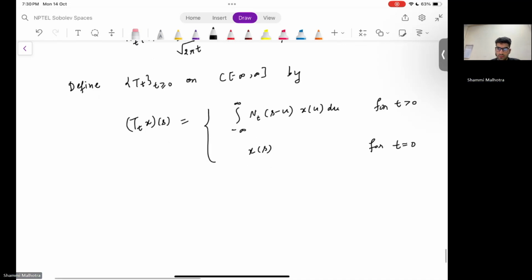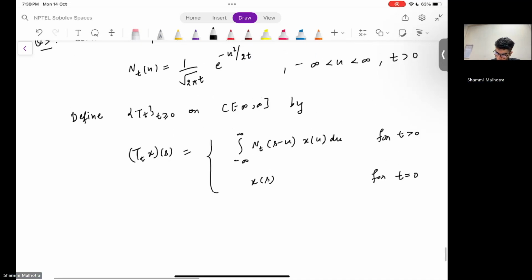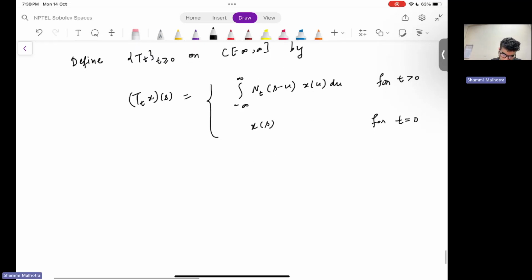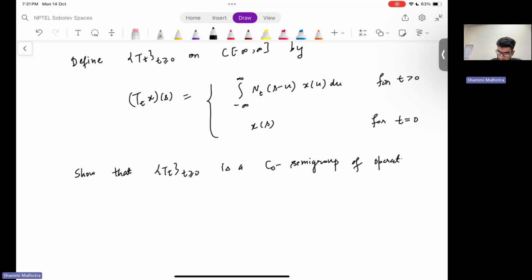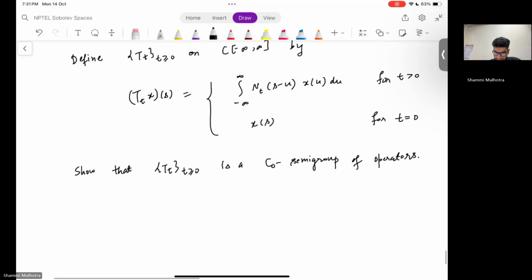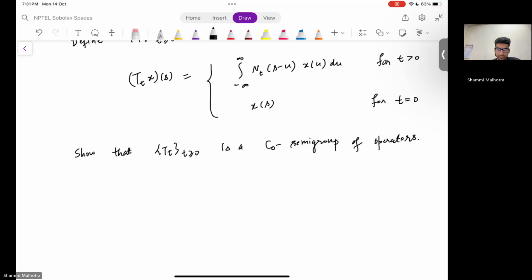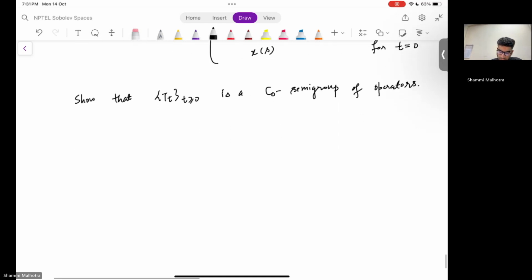So show that this family is a C-naught semigroup of operators.